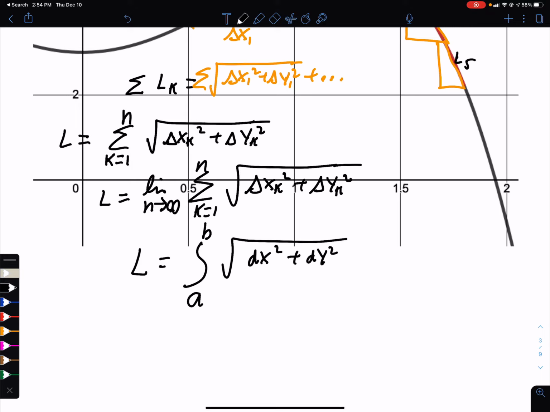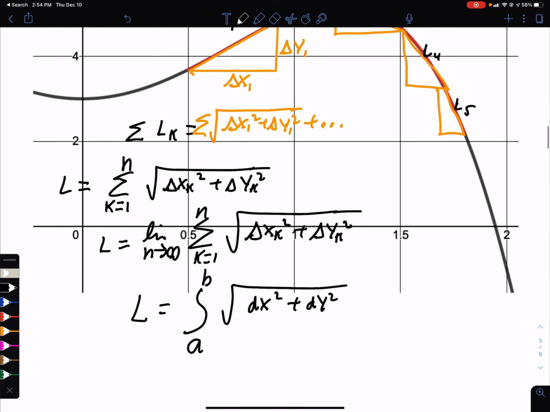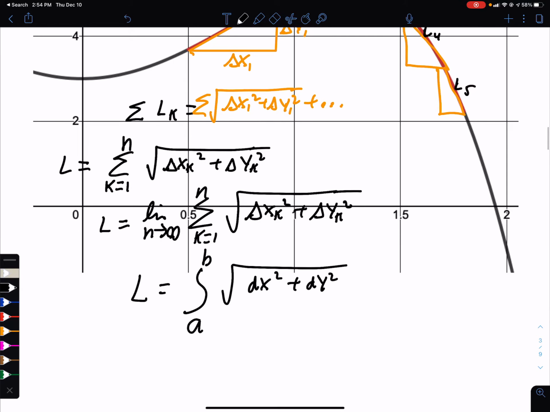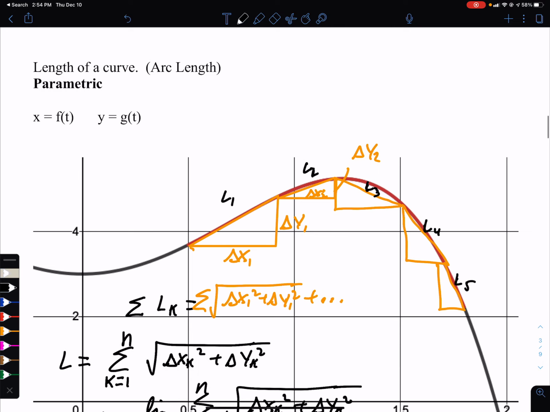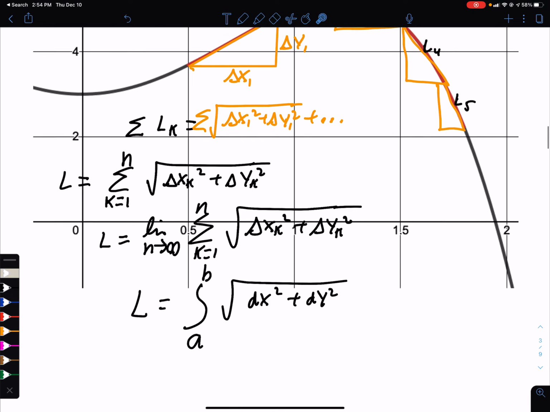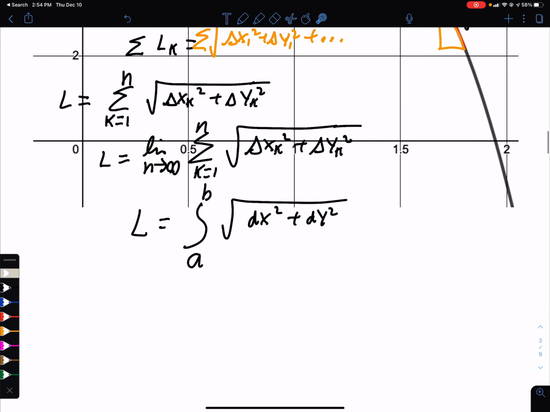Well, what's dx and dy? It's the derivative of x and the derivative of y because x and y are separate and they're in terms of a third variable t. So it actually becomes this, dx/dt squared, dy/dt squared. Now, I took some liberties there.